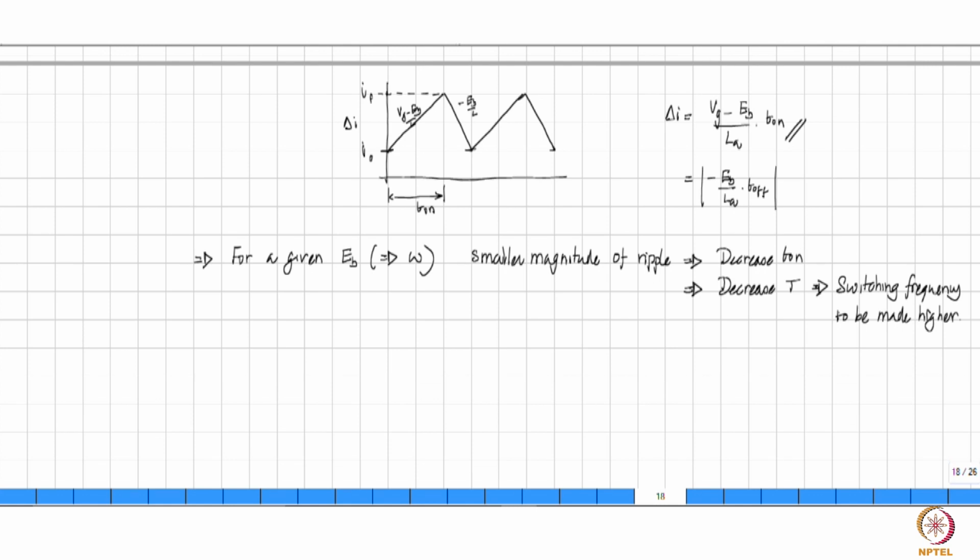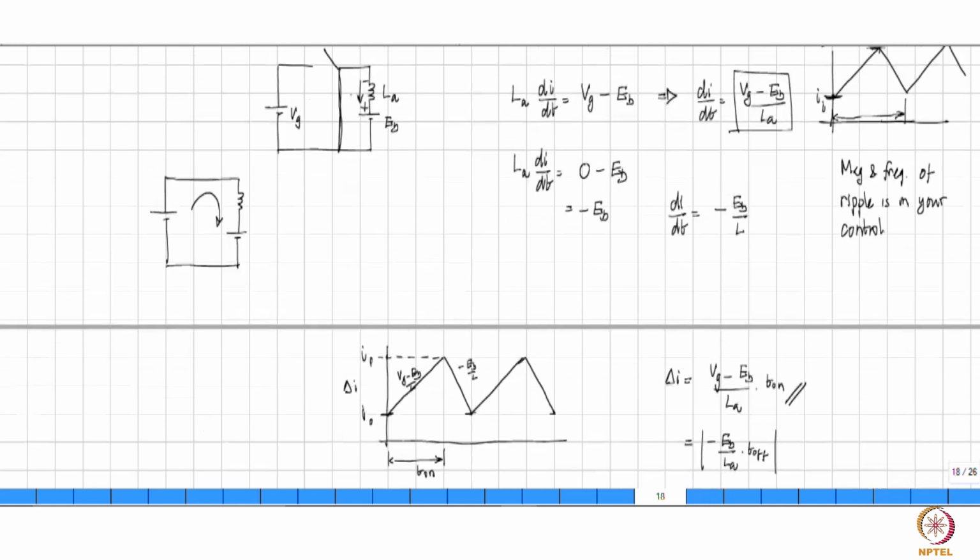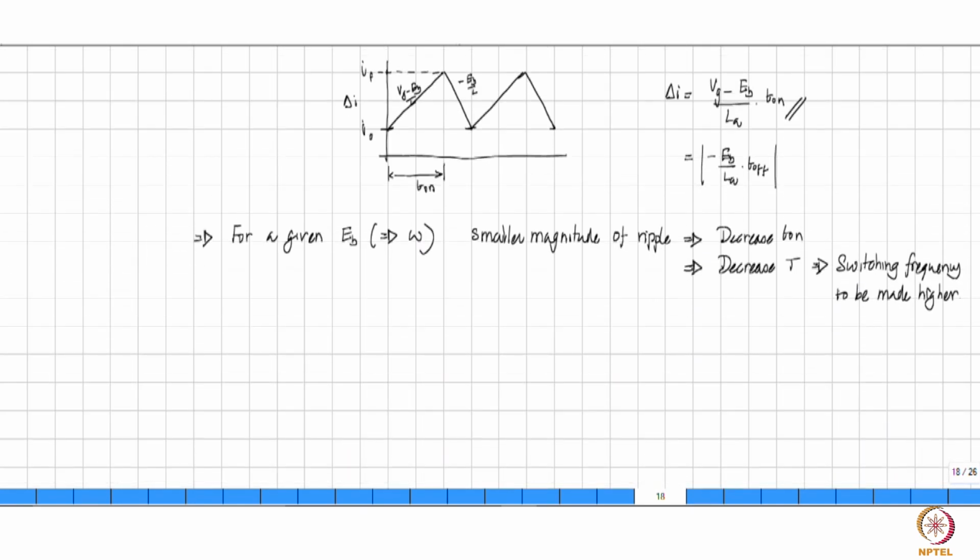So the important thing is that the major conclusions that we have are, it is necessary to use switching circuits.